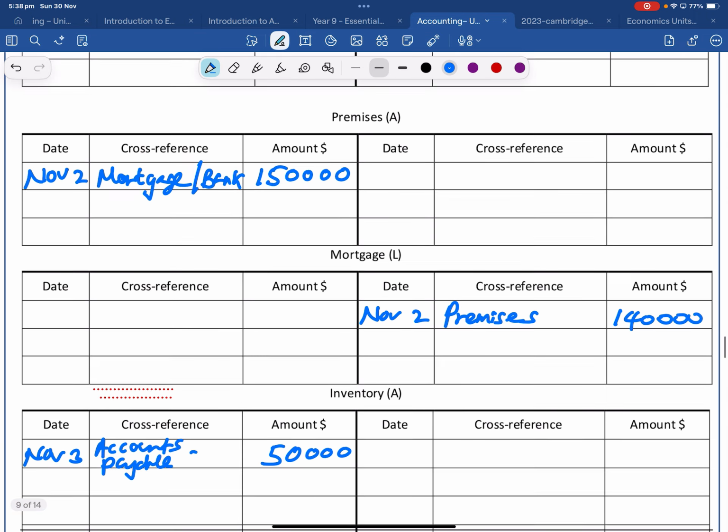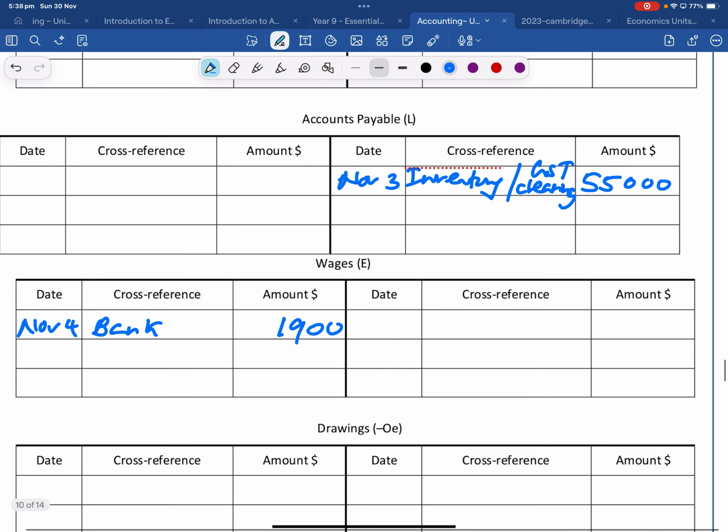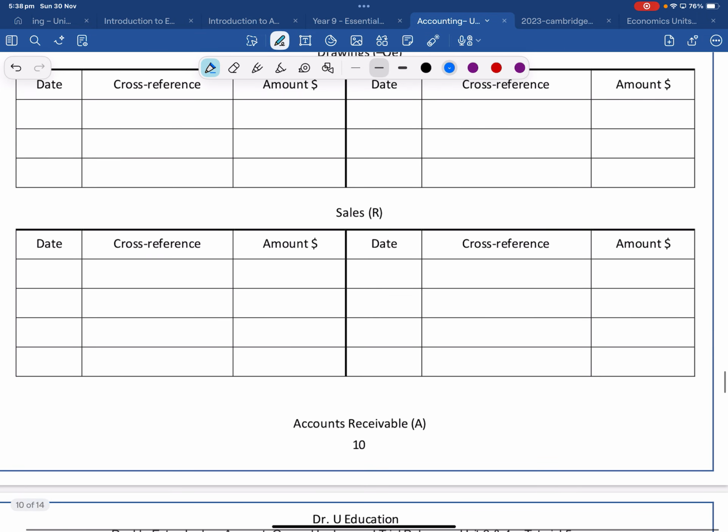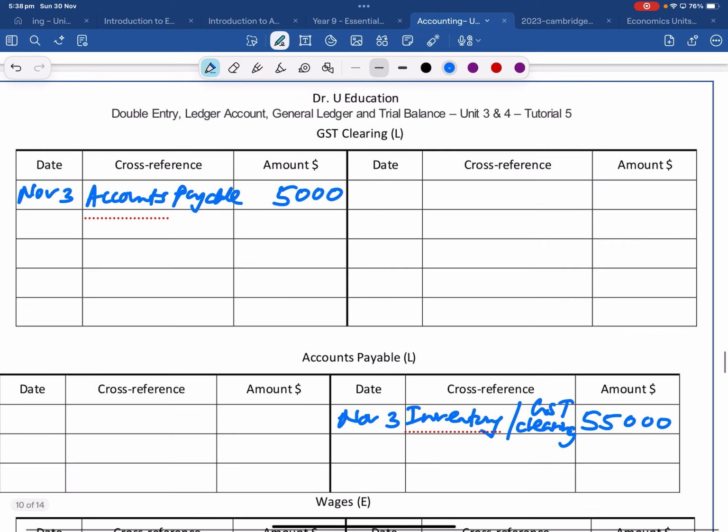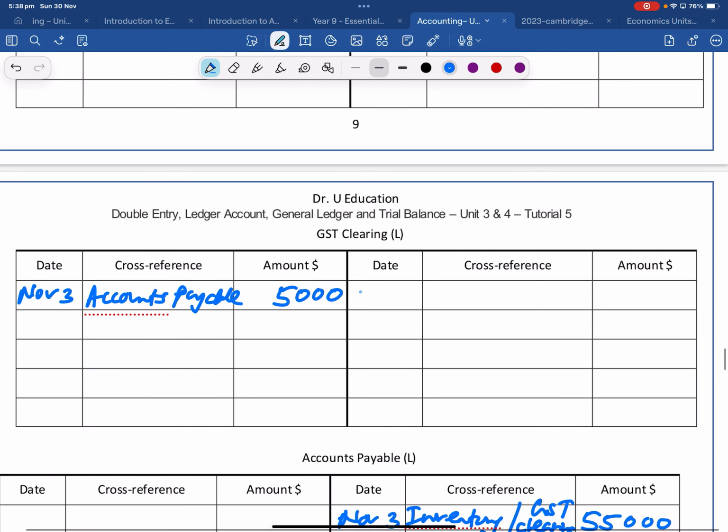Then sales, what will happen, guys? Yes, November 5th. Credit, saying bank. Then GST. Credit 70. Saying bank.